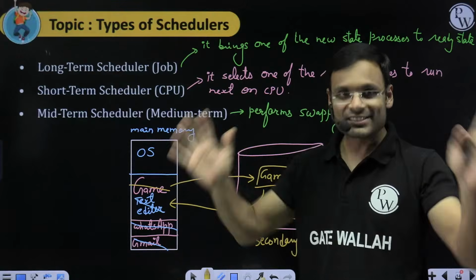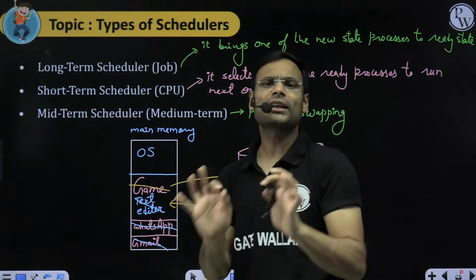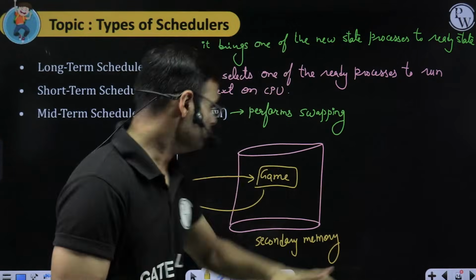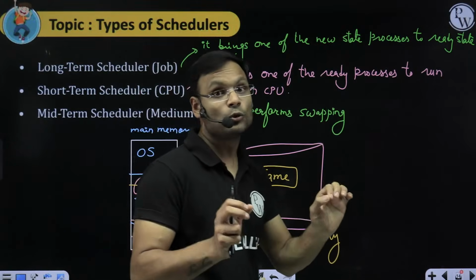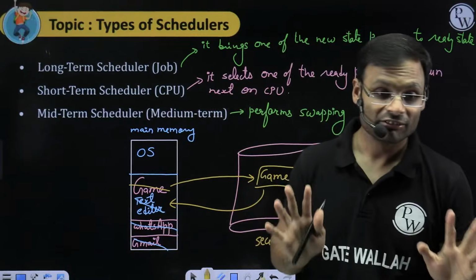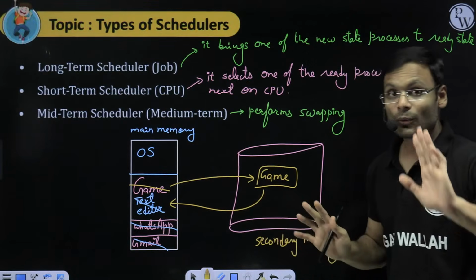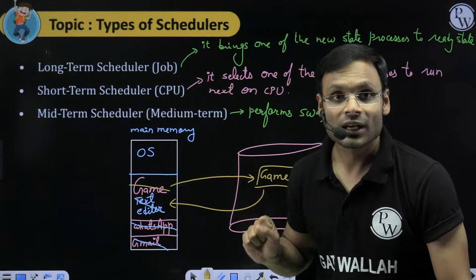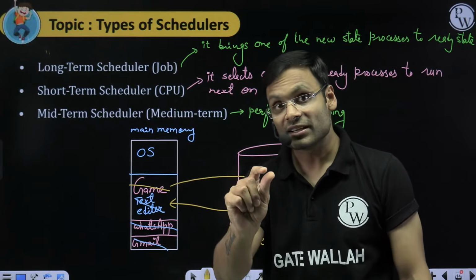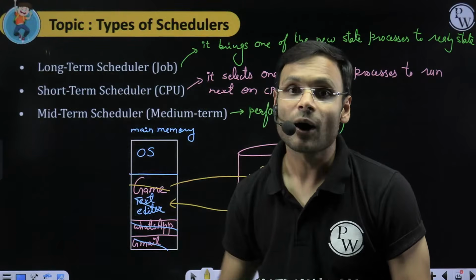Understood the entire scenario? This is a purely practical scenario, a complete story which I am relating to you guys with an operating system concept. That's why I told you it is very exclusive content. Very, very exclusive. Now listen, there were so many processes in RAM. Why has the operating system chosen the game only to take out?